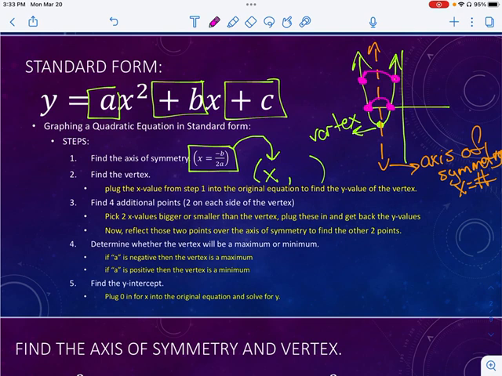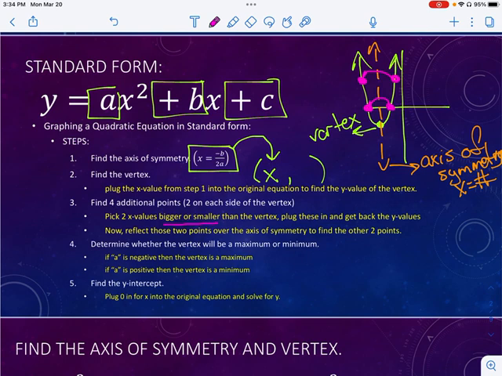So what you're simply going to do is pick 2 x values that are either bigger or smaller than the x of the vertex. Do not pick one from each side. Pick either 2 bigger ones or 2 smaller ones. You also will want to pick x values that are close to the vertex unless a is a fraction. Then you kind of have to be careful with the ones you pick. Then simply plug those x values in, work them out, get the y values, and then simply reflect them over.